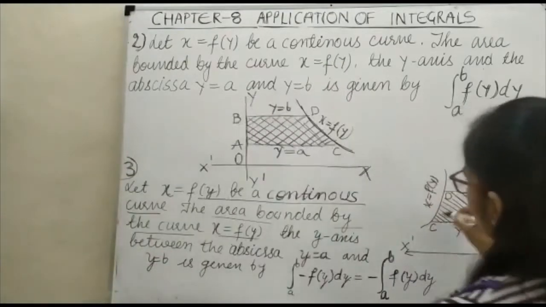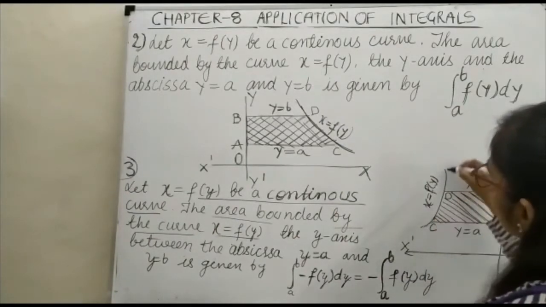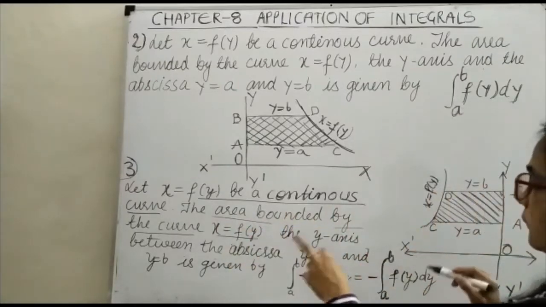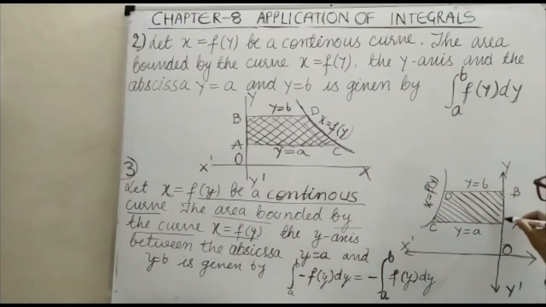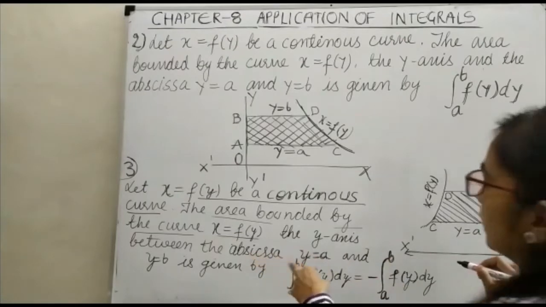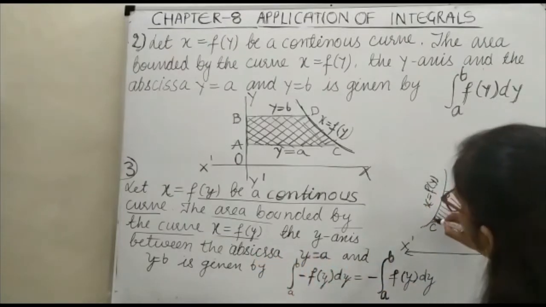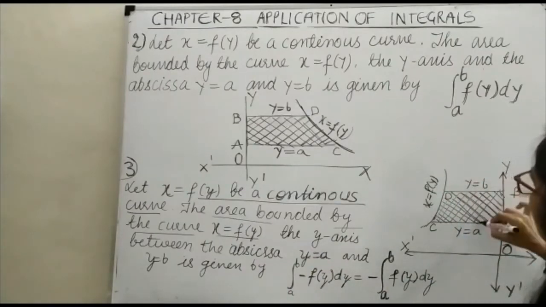You can see that this is again our continuous curve, x equals f(y). And the area bounded by the curve x equals f(y) and the y-axis, with points a and b on the y-axis, and the abscissas y equals a and y equals b, this is our area which we are going to evaluate.